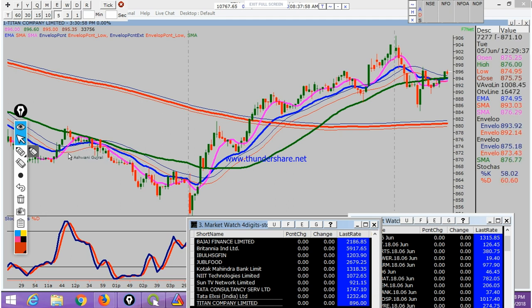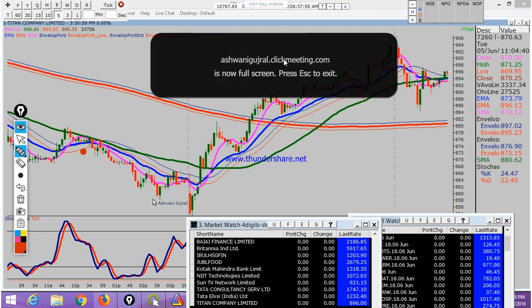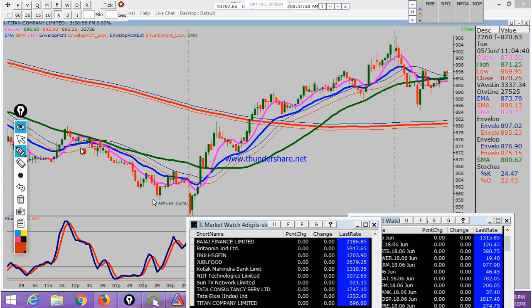First bar on Titan is down. So you are seeing Titan, and I will not start speaking till you see the chart.